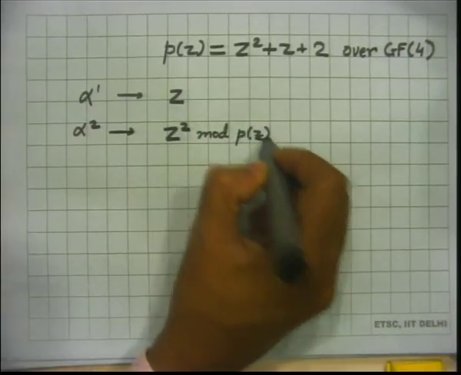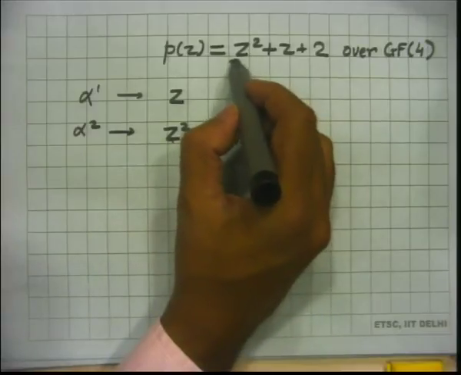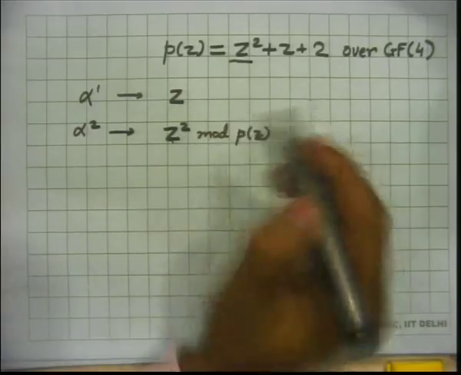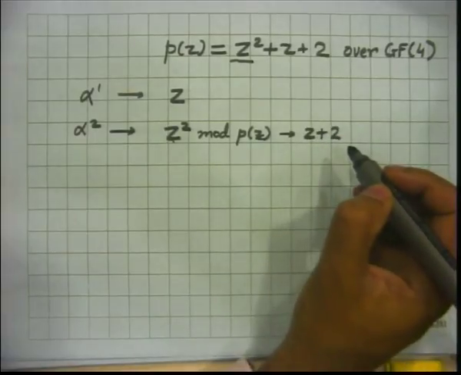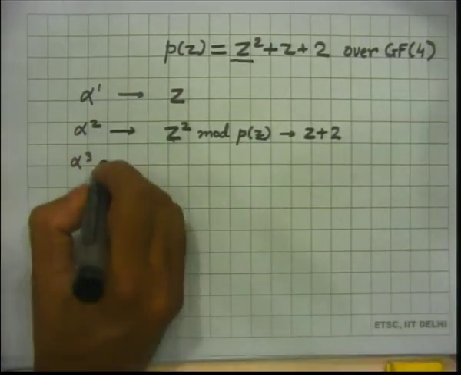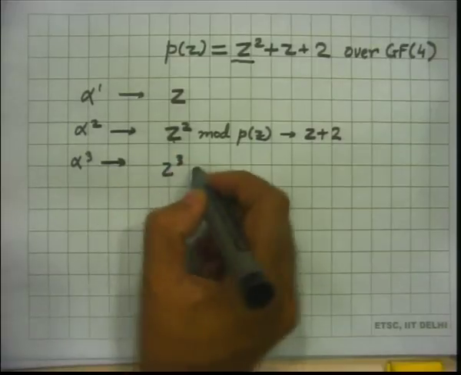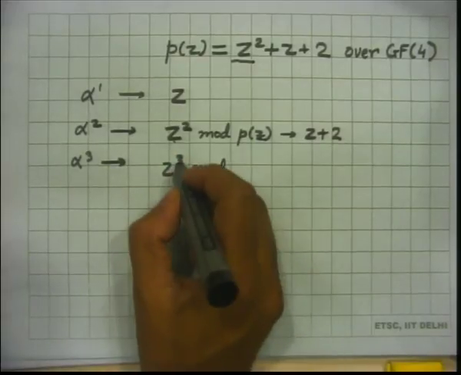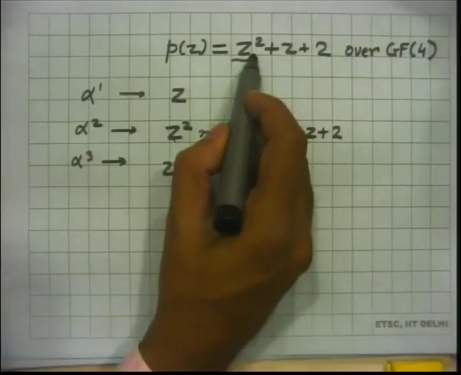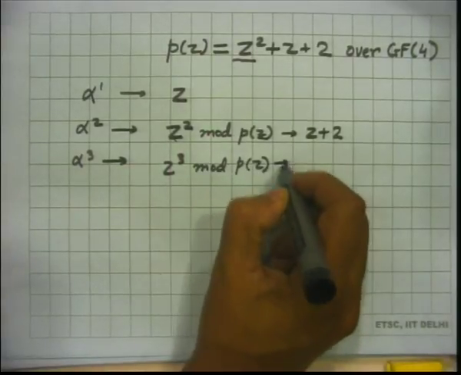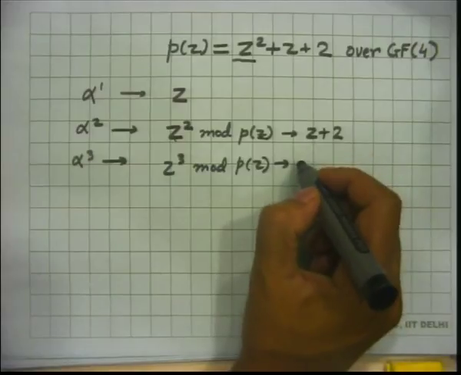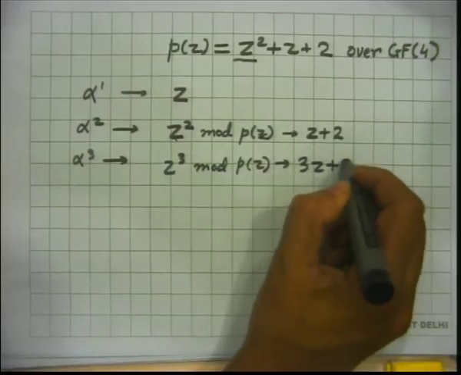The moment you have modulo p(z) here, you divide it and you are left with z plus 2. And then you have alpha cubed, which is z cubed. Again you have to take modulo, because the degree is higher than z squared. So, you take modulo p(z) and you get this time 3z plus 2.